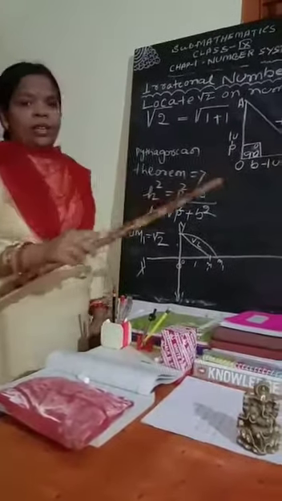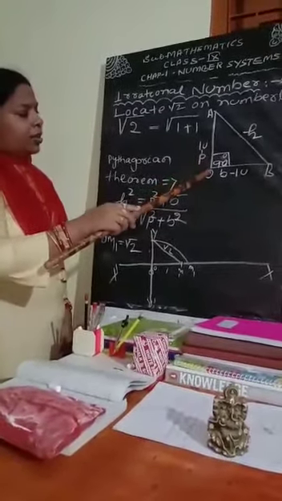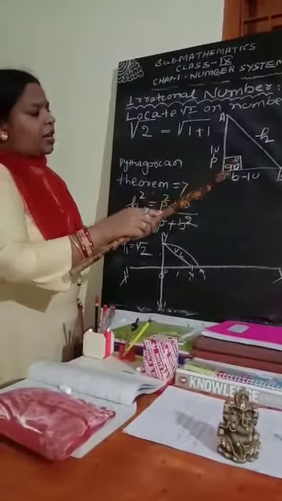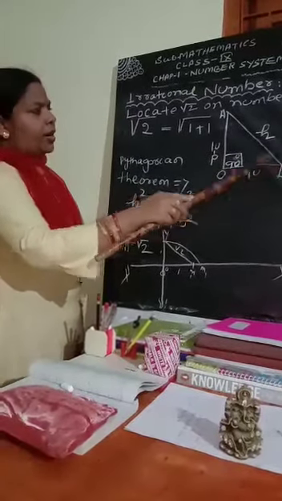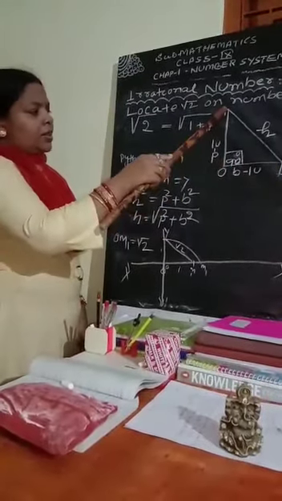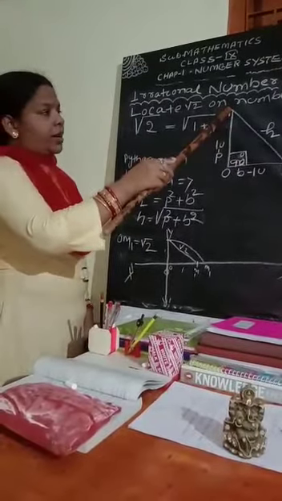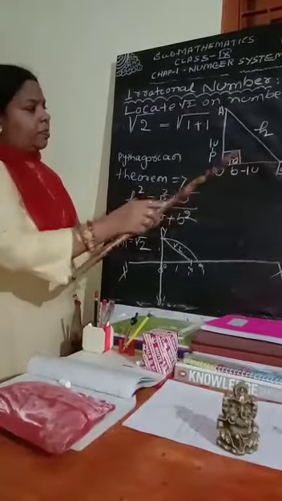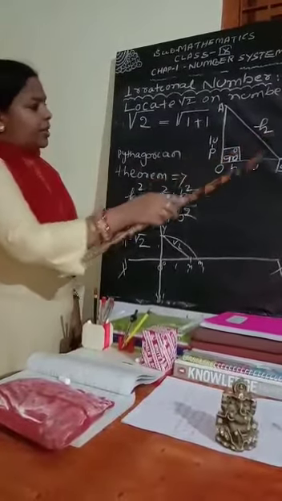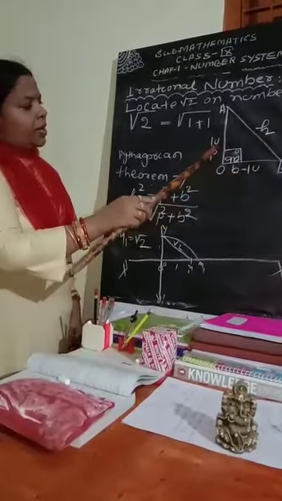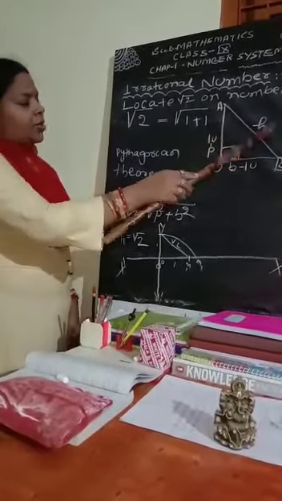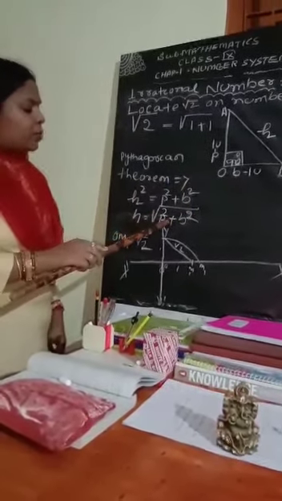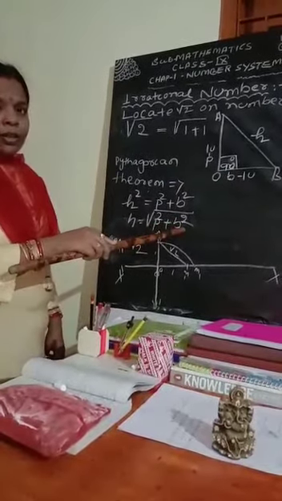If ABC is a right angle triangle and O is 90 degrees and OB is the base of the triangle, OA is the perpendicular of the right angle triangle and AB is the hypotenuse, then h square is equal to b square plus p square, or a square is equal to p square plus b square, the same thing, and h is equal to square root of p square plus b square.